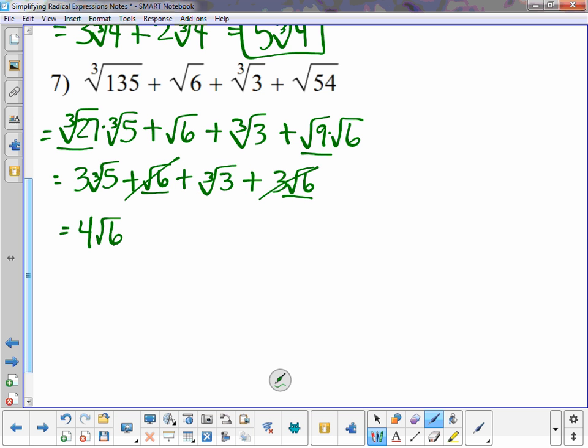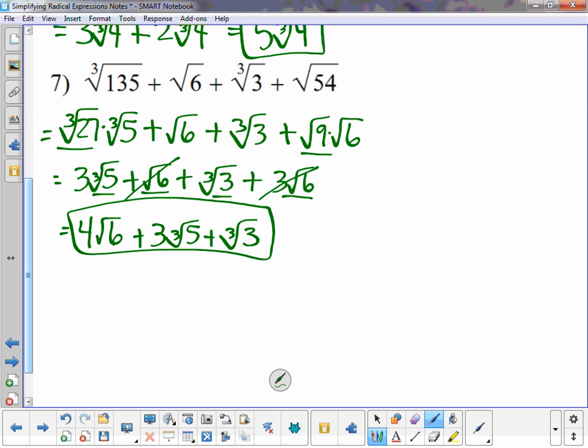No, because one has a 5 as the radicand, one has a 3. So then we just write them. 3 cube roots of 5 plus cube root of 3. And that is our answer, because we can't add any more radicals together. Questions on that problem? Okay, let's do some more on our assignment.